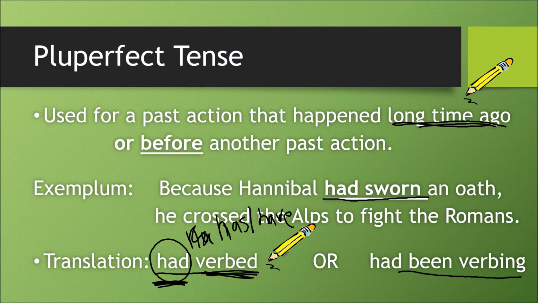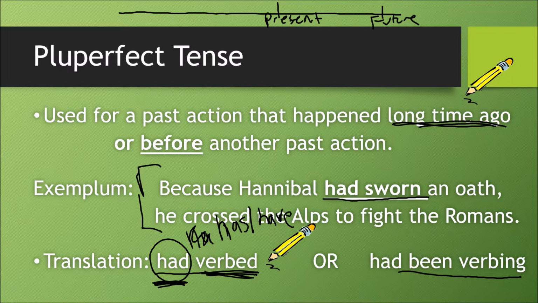Now the pluperfect tense can also happen in the past before another past action. Let's write a timeline up on the board so you can get a better idea of what I'm talking about. Here we have the present tense plus the future tense. Now, when we're talking about our sentence, our exemplum here, because Hannibal had sworn an oath, he crossed the Alps to fight the Romans. What we really have are two past tense actions, had sworn and crossed.